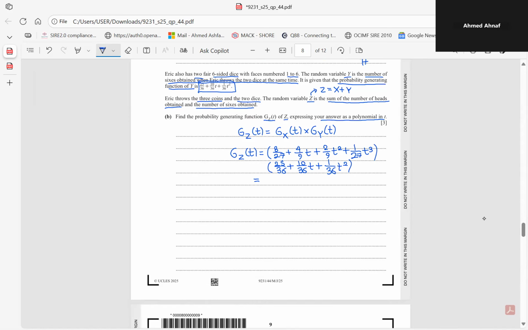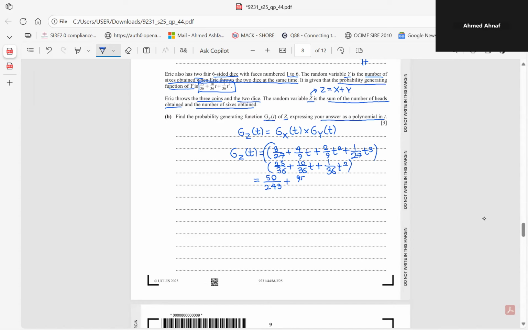So let's find the constant first. Just multiply 8 over 27 with 25 over 36. You get 50 over 243. Now you find the term in t. So you multiply 8 over 27 with 10 over 36 and 4 over 9 with 25 over 36.